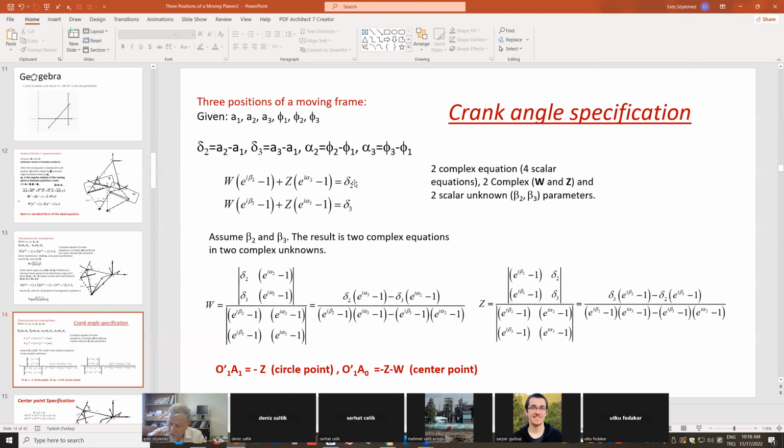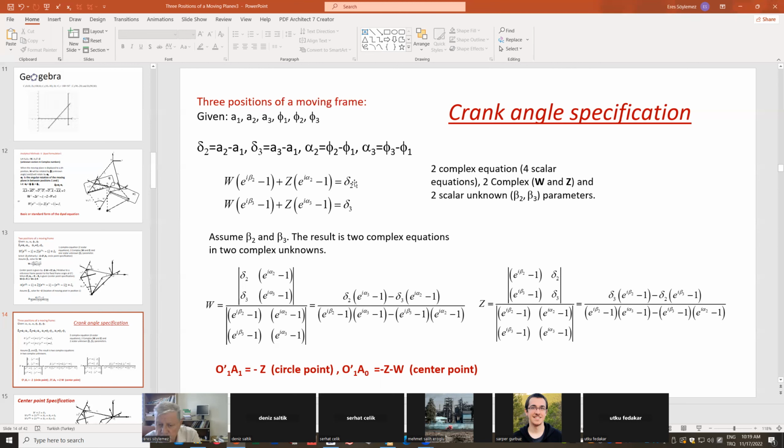Again, let us check what is known and what is unknown and how many parameters we have. We have 2 complex equations. In these 2 complex equations, we are given alpha 2, alpha 3, delta 2, delta 3.